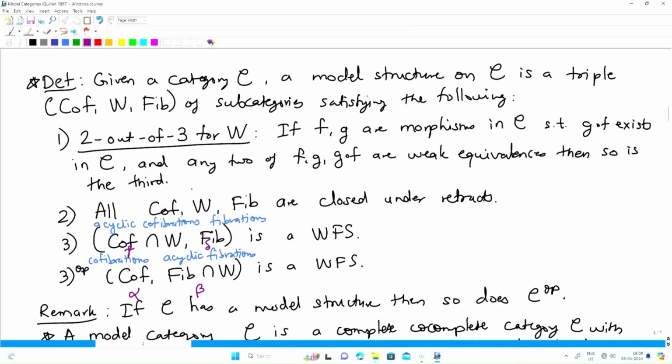So if you look here in the definition, 3 and 3-op, if you only know cofibrations and weak equivalences, then you automatically know what fibrations are, and you also know what acyclic fibrations are. Because acyclic fibrations are precisely those which have the right lifting property with respect to all cofibrations, and fibrations are precisely those which have the right lifting property with respect to all acyclic cofibrations.